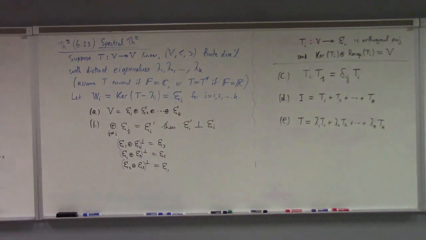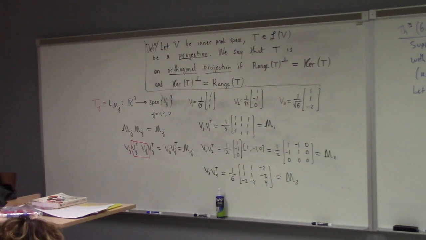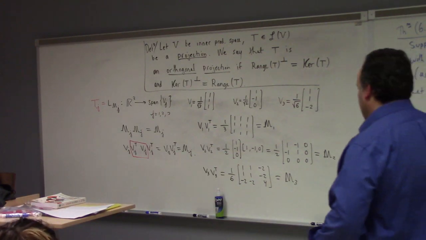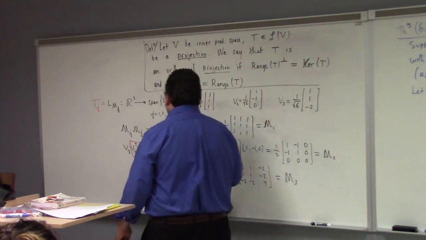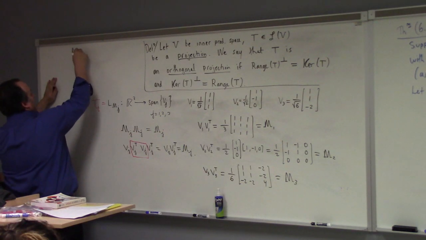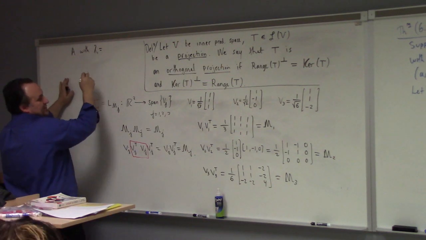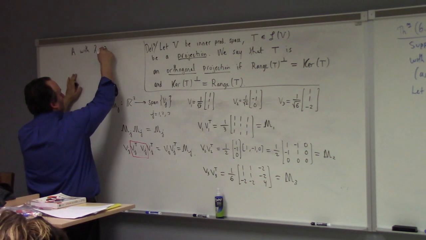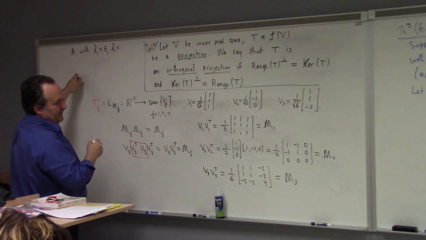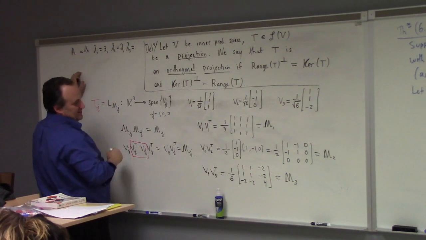So, let's try it out. Let's make a matrix, right? With eigenvalues. I want to have a matrix A with lambda 1 equal to, let us say, 3, lambda 2 equal to, I kind of like 2, and lambda 3 equal to, oh, how about 6?